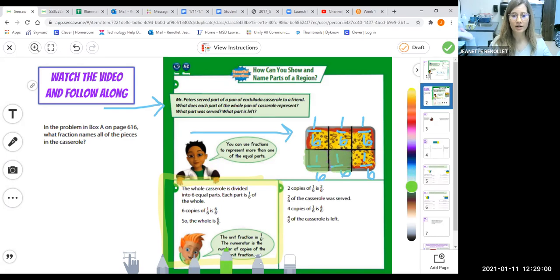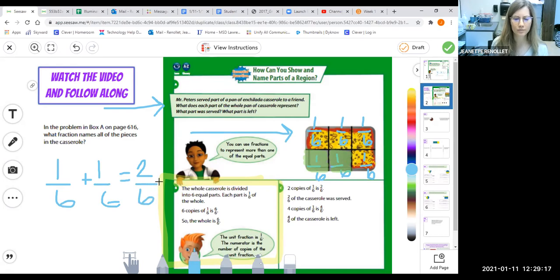So how many parts were eaten? Well, 1/6 plus 1/6 equals 2/6 were eaten. Somebody already ate 2/6 of the enchilada casserole.